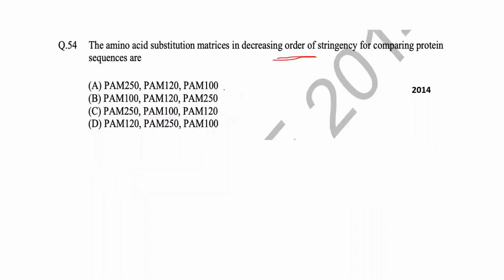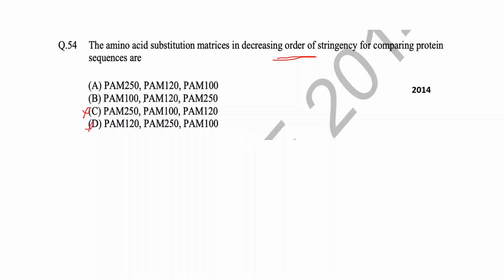If you look at the options, one has 250, 120 and 100. This will not be the correct answer because it is not following the pattern. Here 250, then 100, then 150 came, so it is not the answer, because the number is directly proportional to either closeness or divergence. So C and D will not be the correct answer.